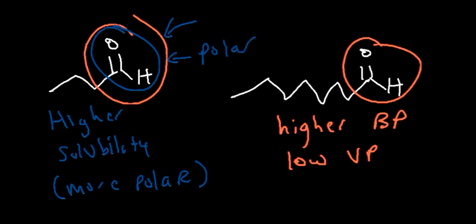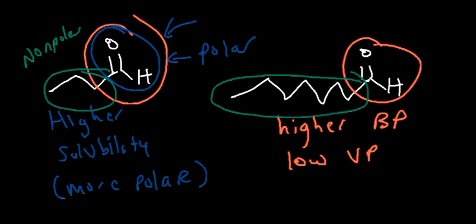However, this part, those three carbon atoms, are nonpolar. But here we have a huge nonpolar section. And the greater the carbon chain, the more nonpolar it is. So that's why it has a low solubility in water. Keep in mind, carbon-hydrogen bonds are nonpolar. So that's enough for the physical properties of aldehydes and ketones.